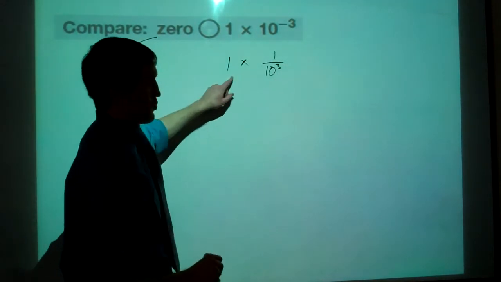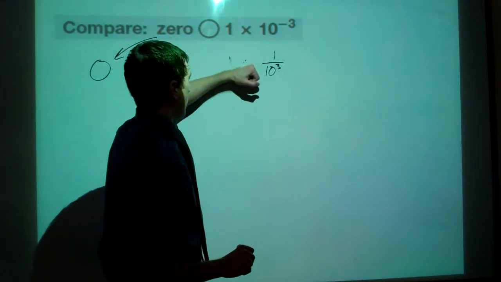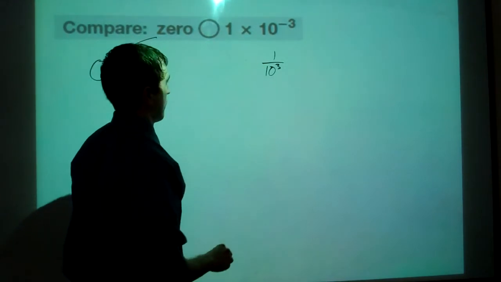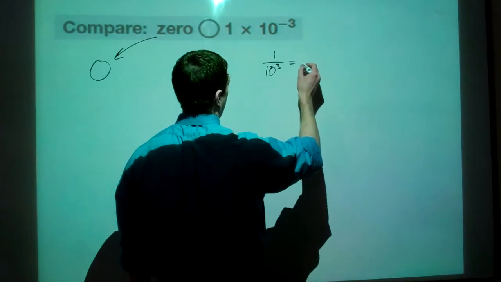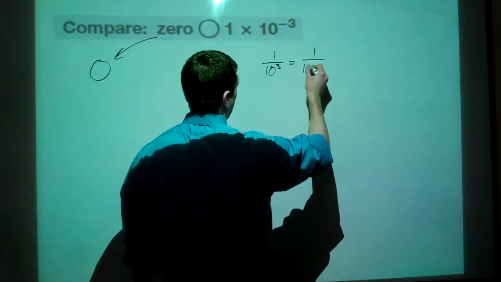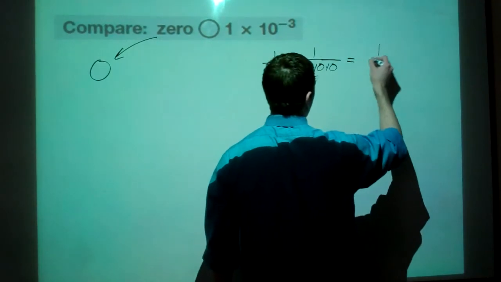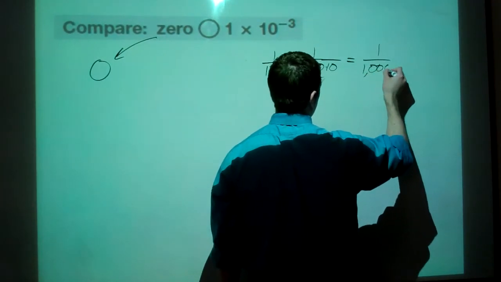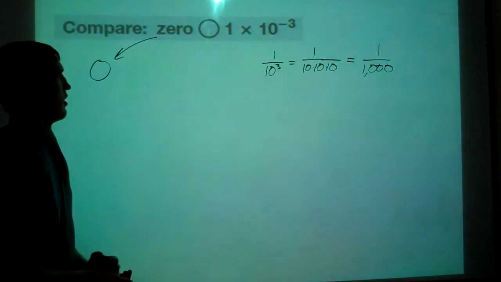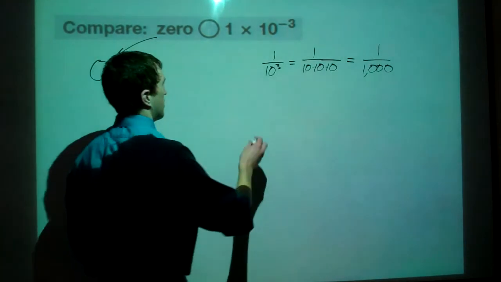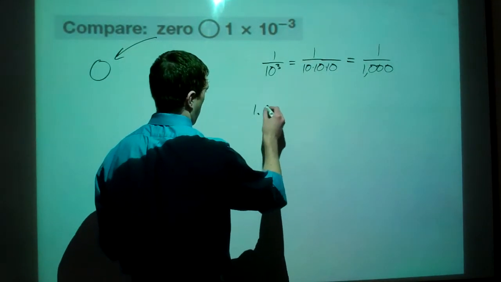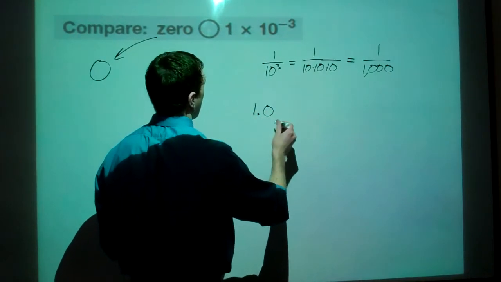And anything times 1 is just itself, so we can get rid of that. And we actually have 1 over 10 to the third, which is 10 times 10 times 10, or 1 over 1,000. 1/1000.